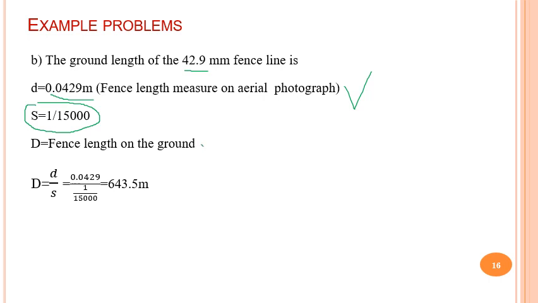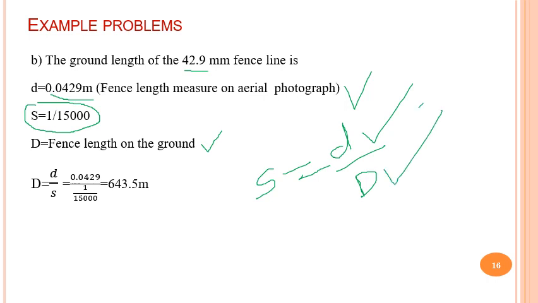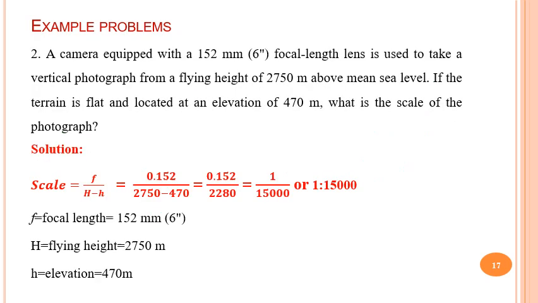Capital D is the fence length on the ground. Scale is equal to small d divided by capital D, the length on the photograph upon the length on the ground, that is LP divided by LG. Then capital D is equal to small d divided by S. We substitute all the values, the scale 1 divided by 15,000 and small d, and we get 643.5 meter. This is the illustration of how we calculate the scale.